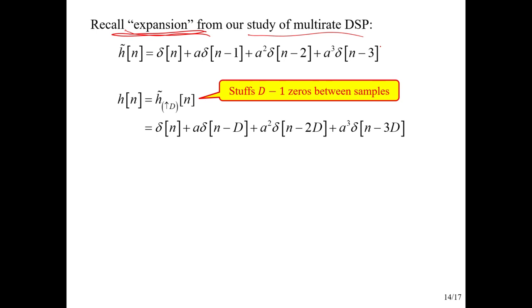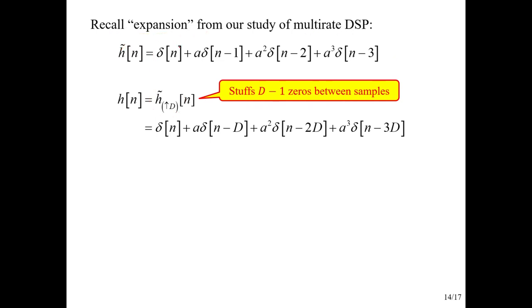So let's take our impulse response and expand it. We're going to take this H tilde, that's our prototype impulse response, not of the comb filter, but the prototype that leads to the comb filter. We're going to expand it, and that was our symbology for expanding it. What that means is stuff D minus 1 zeros between samples.